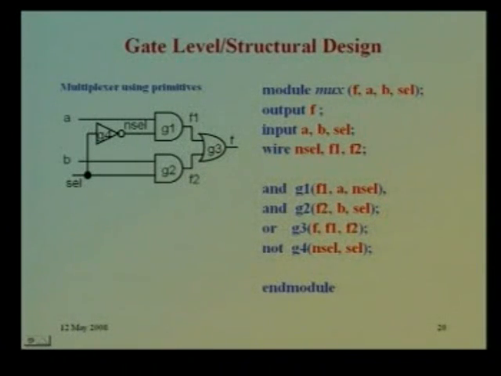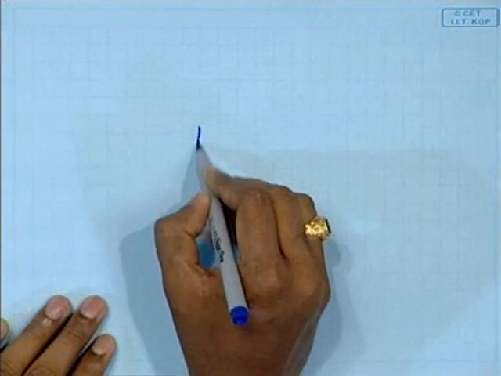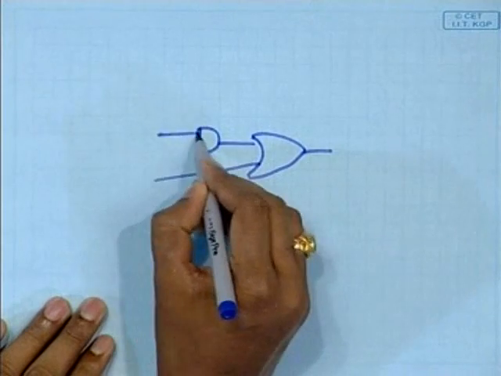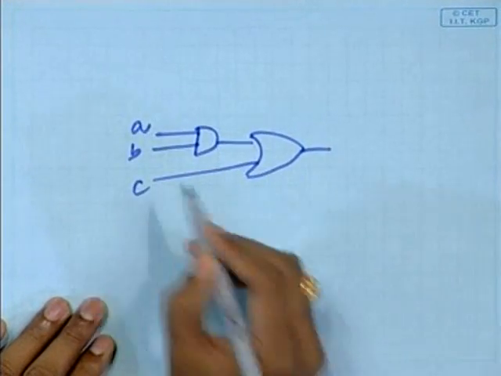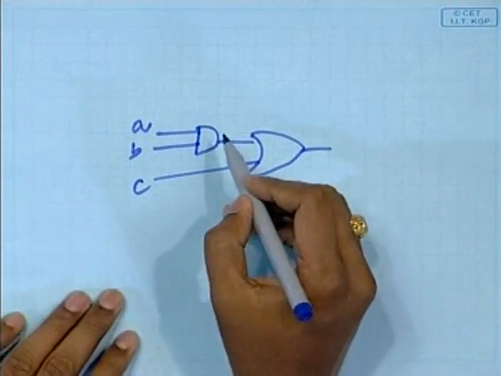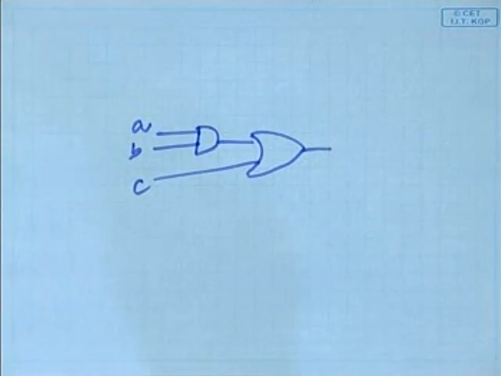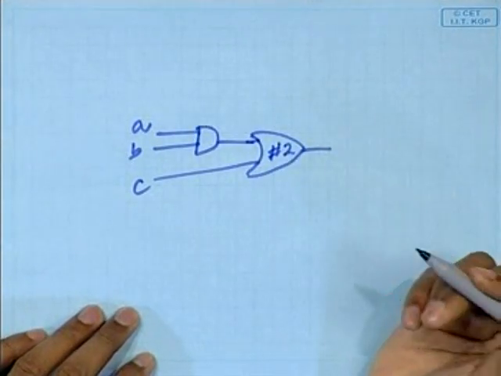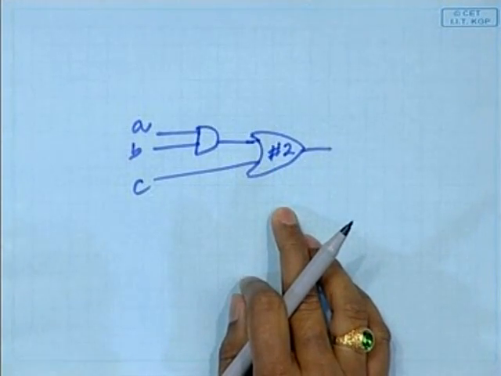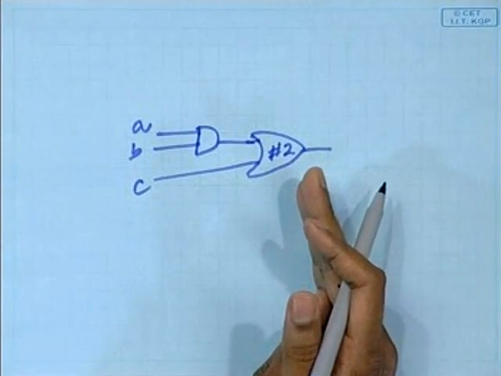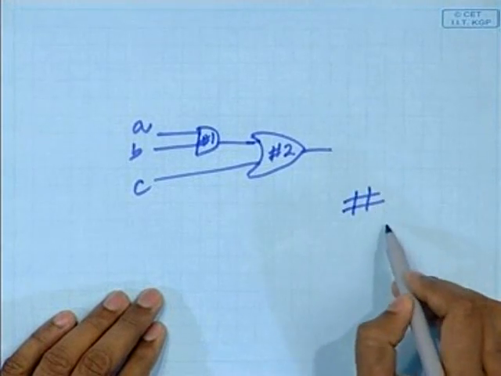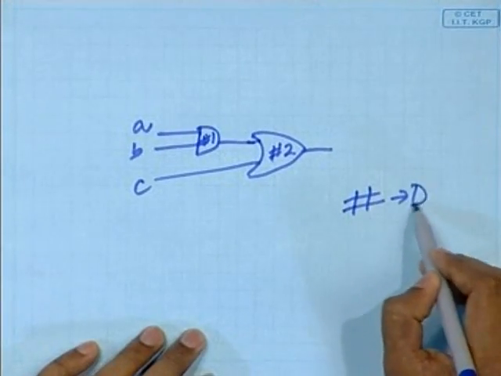Say I have an OR gate connected this way, A, B, C. When you are modeling your gate logic, this OR gate has a 2-unit delay, I mean the output reflects after a 2 nanosecond delay. Similarly, this AND gate has a gate delay of 1. The hash sign in Verilog is used for the delay.